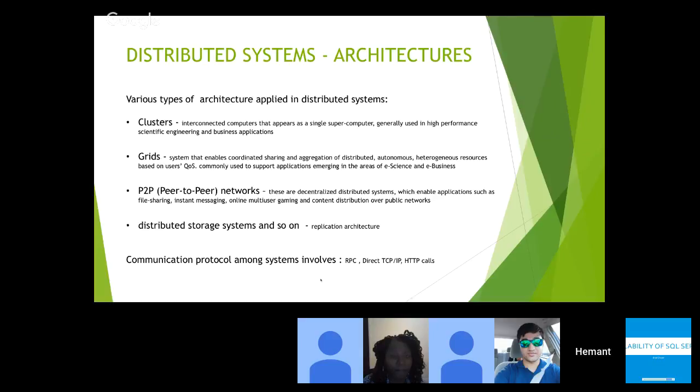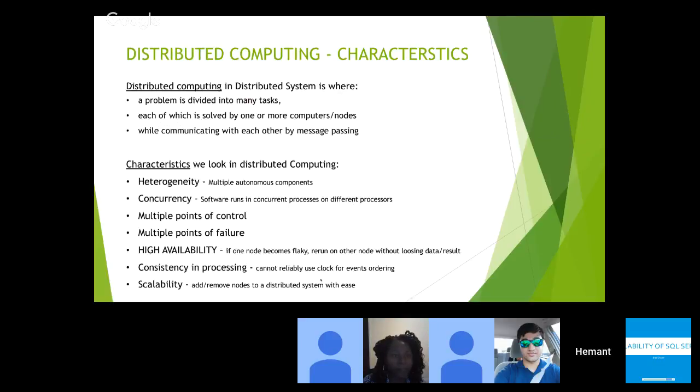Now the characteristics which we see in distributed computing, and which we will see going forward when we apply specialized hardware to solve the big data need, are these. Heterogeneity, in the sense that multiple autonomous components, maybe of the same type, maybe of different types in terms of memory, operating system, RAM, and bandwidth, could work together.